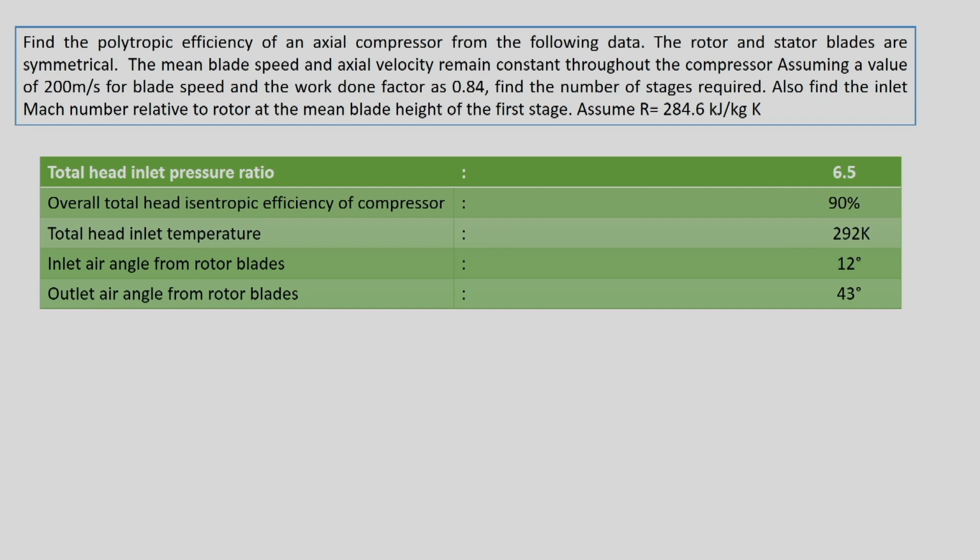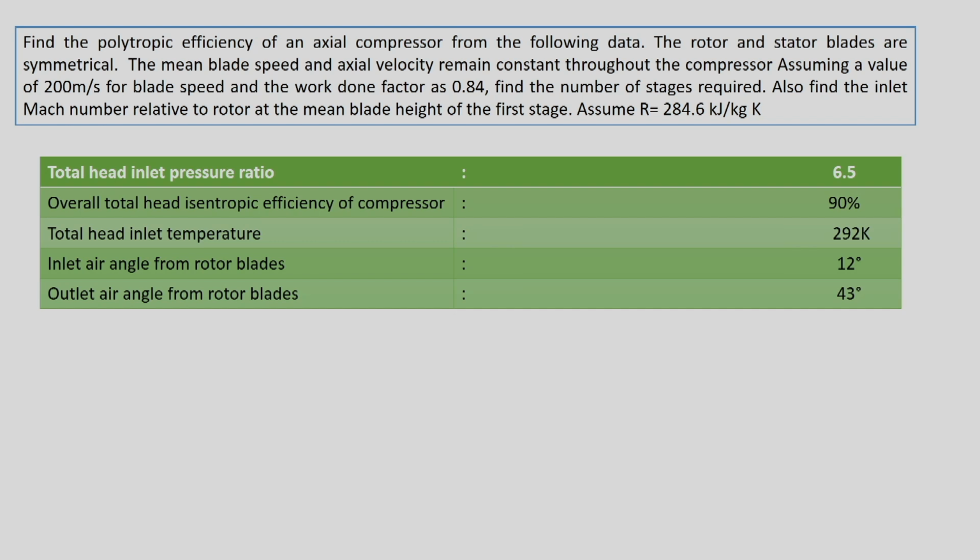The mean blade speed and axial velocity remain constant throughout the compressor. Assume a value of 100 meter per second for blade speed and work done factor of 0.84. Find the number of stages required. Also find the inlet Mach number relative to the rotor at mean blade height.